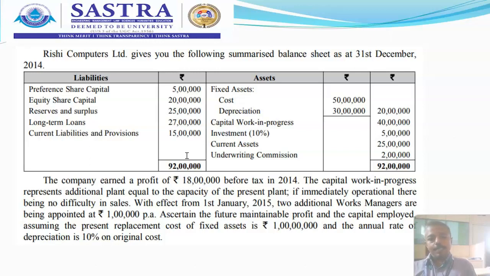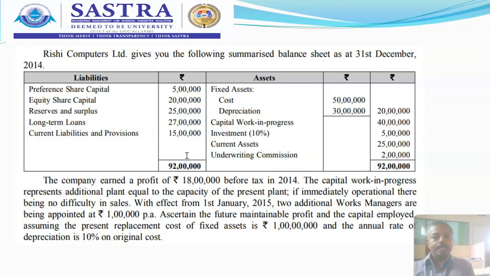In the above example of the given sum, the value of goodwill under this method will be 1.566 multiplied by 6,06,000. So it comes to around 9,49,000. I'm giving you a single balance sheet and details and making you apply all the methods in different situations.